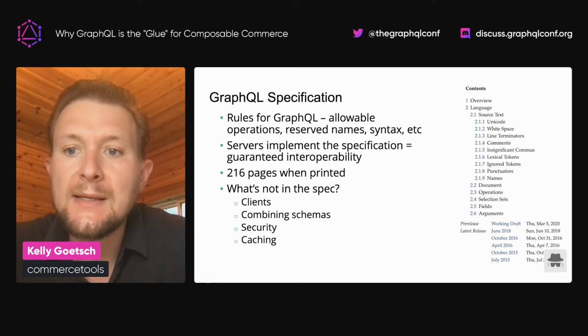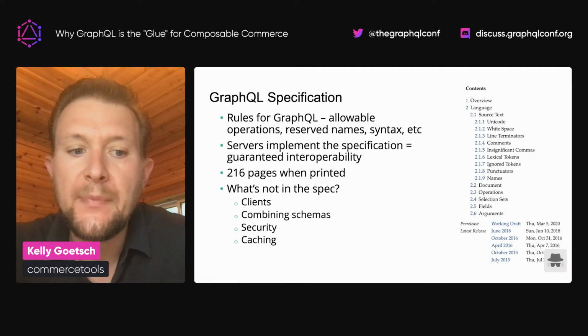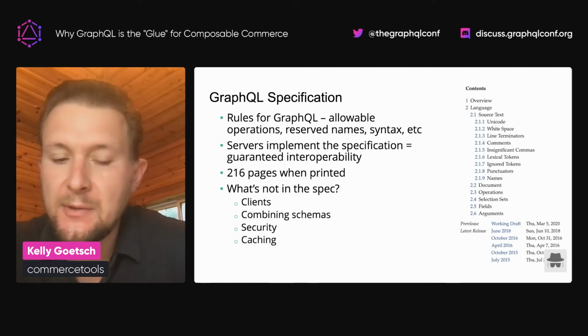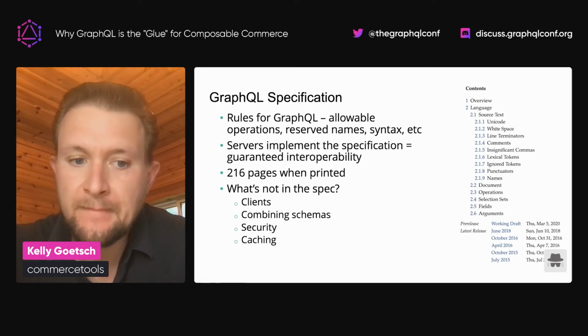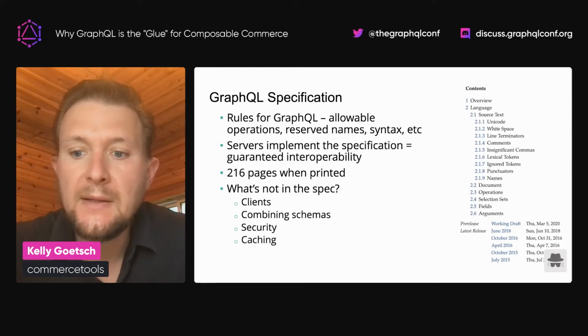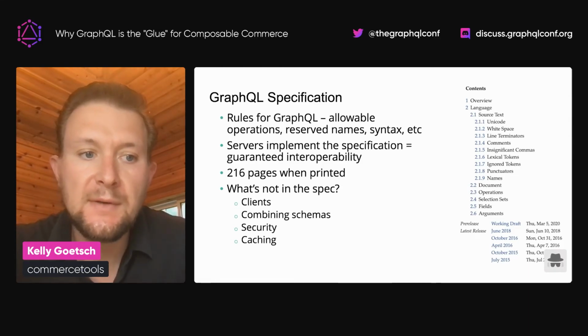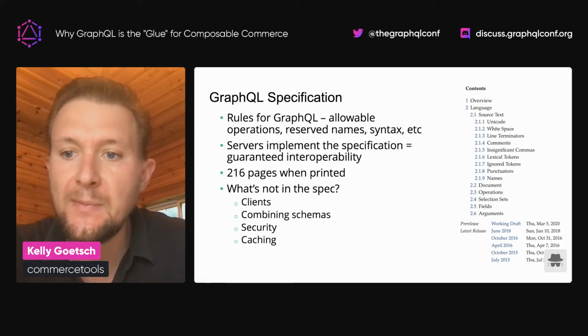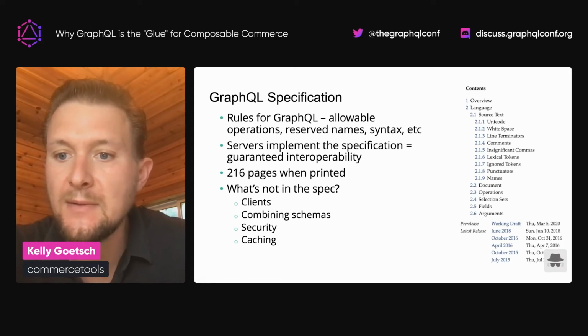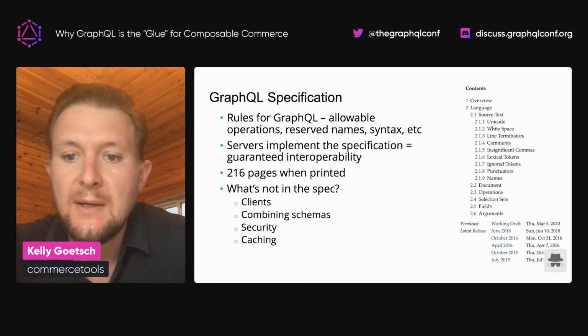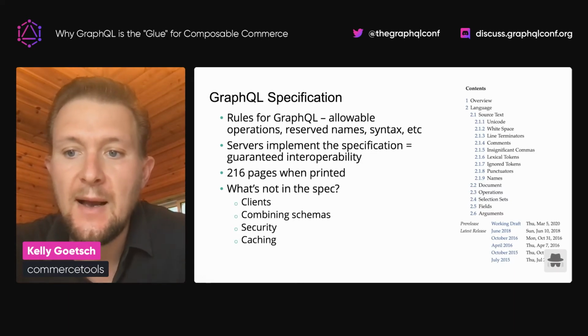Again, GraphQL is a specification, and that's a big differentiator for it. It's a very, very lengthy document. It's 216 pages when fully printed, and it's very comprehensive. So there's all sorts of text in there around white spaces and line terminations and naming conventions.